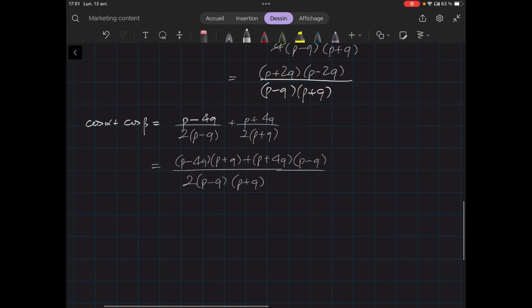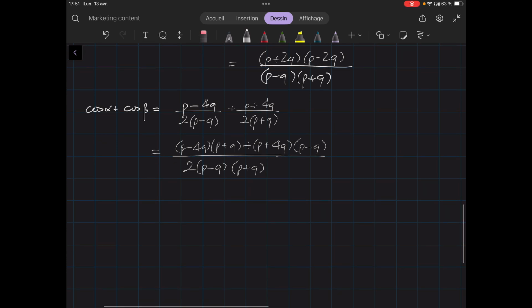A lot of this is straight algebra. This is not even hard. It just takes a lot of time.